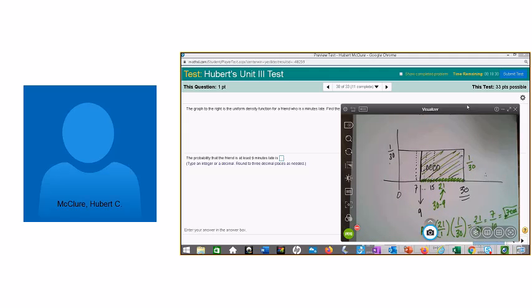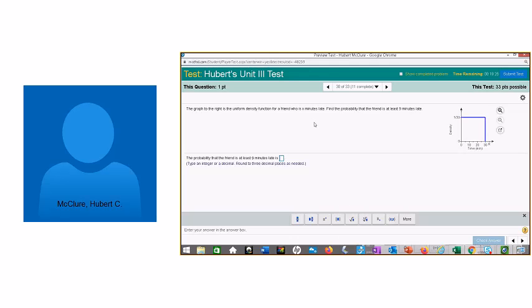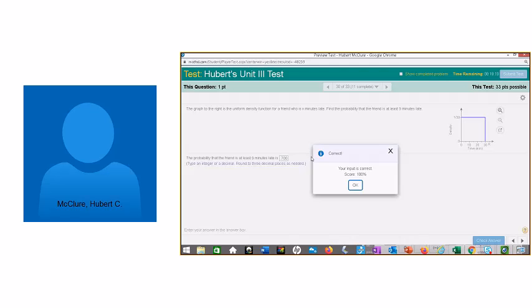And that's what you would type in. It says round to 3 decimal places, 0.7000. And that's it.